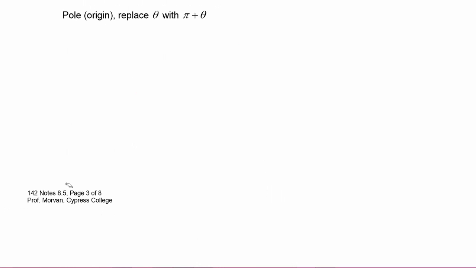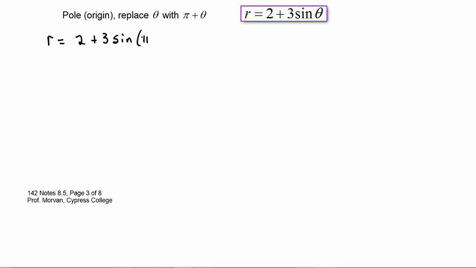The third test is for pole symmetry, where we replace theta with pi plus theta. So our equation would be r is equal to 2 plus 3 times the sine of pi plus theta.